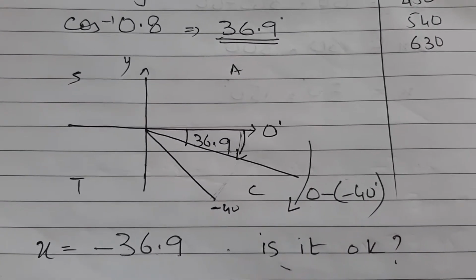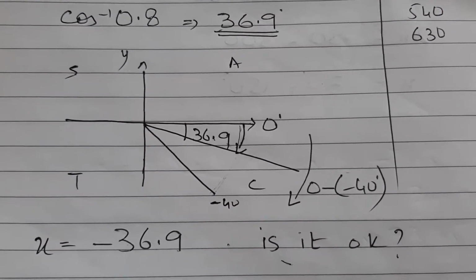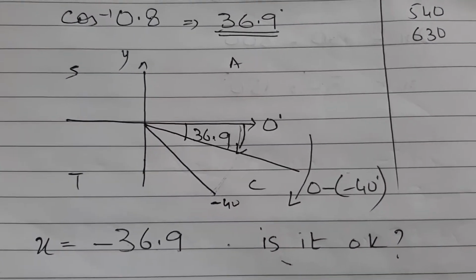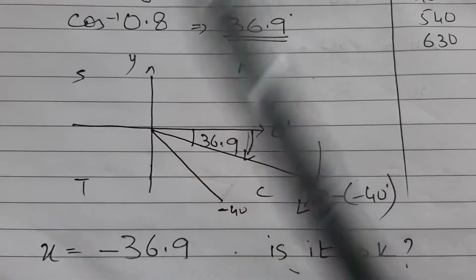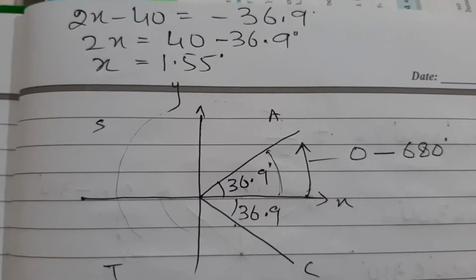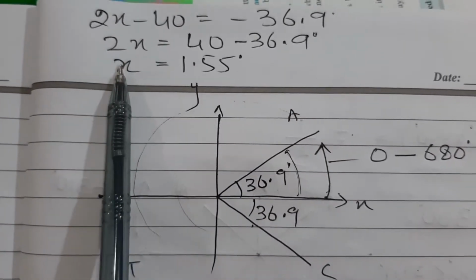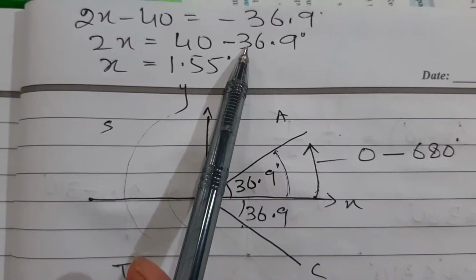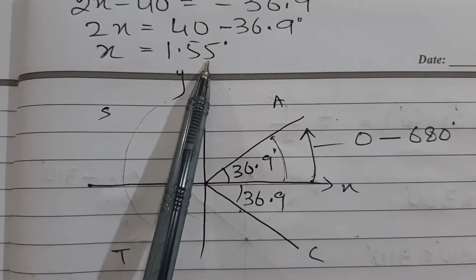What do you think? Yes, it's not right, because at the moment my angle for the given range is 2x minus 40. So 2x minus 40 equals minus 36.9, and then algebraically I will solve it and my answer will come 1.55 degrees.